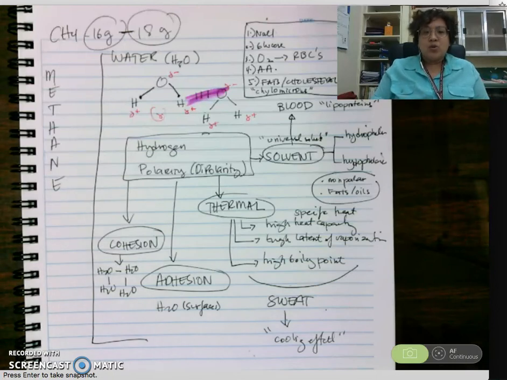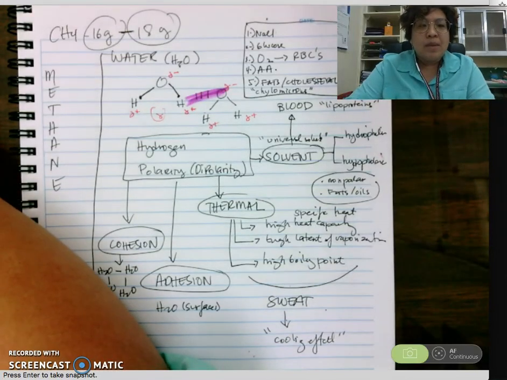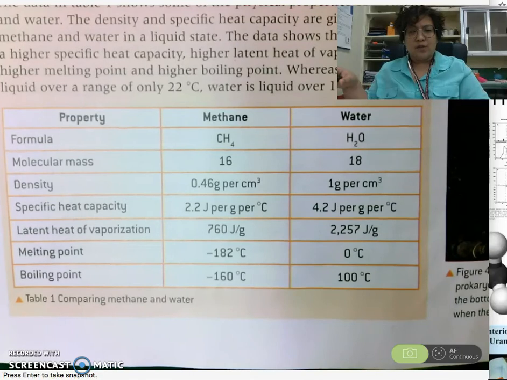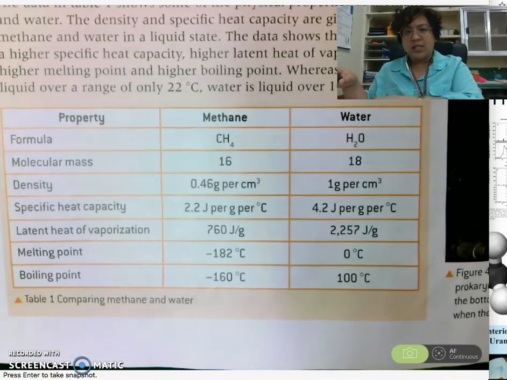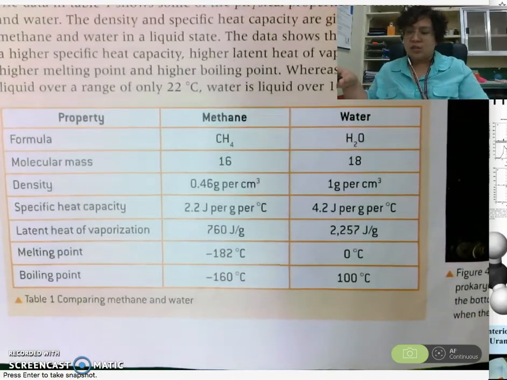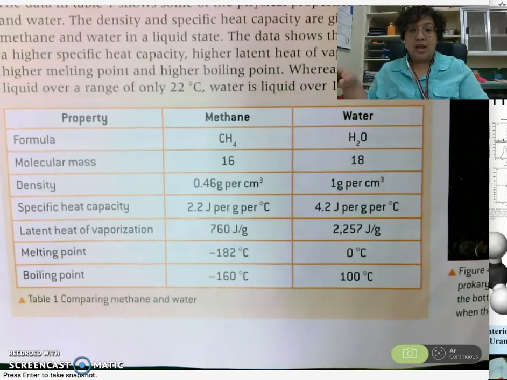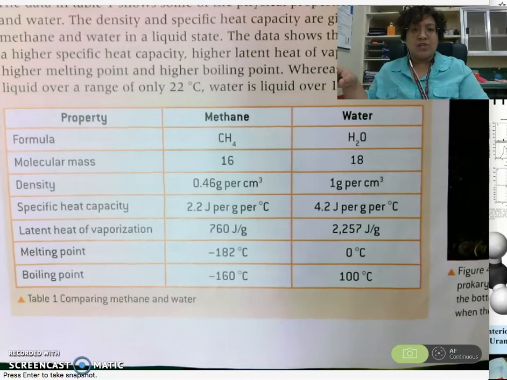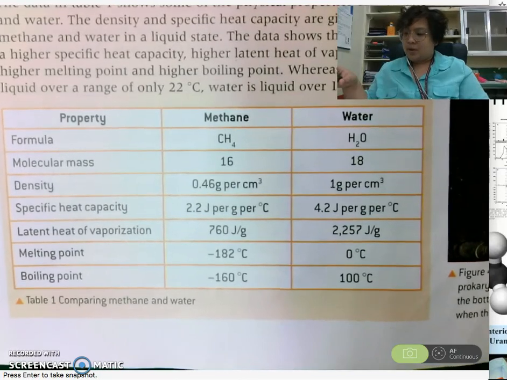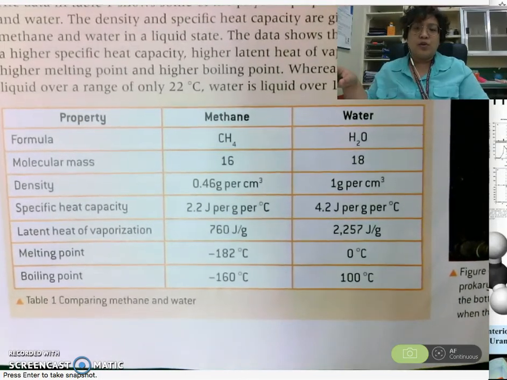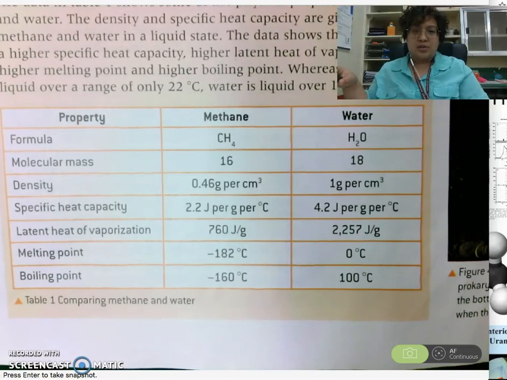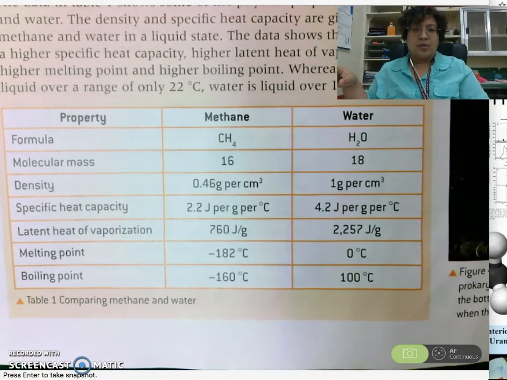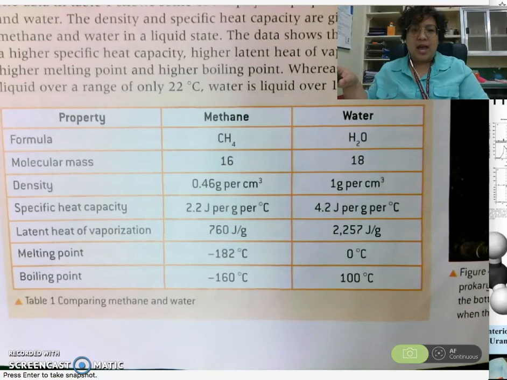Now, let me show you a table to quickly differentiate between methane and water. Okay, so make sure for the test you can discuss at least 2 or 3 differences between methane and water. So water, even if they're the same molecular mass as your methane, shows us different useful functions: solvent, thermal properties, cohesion, adhesion.